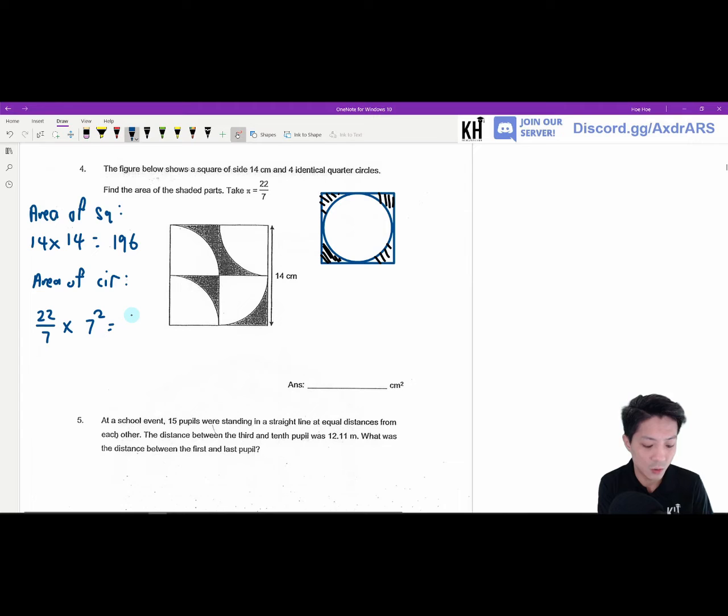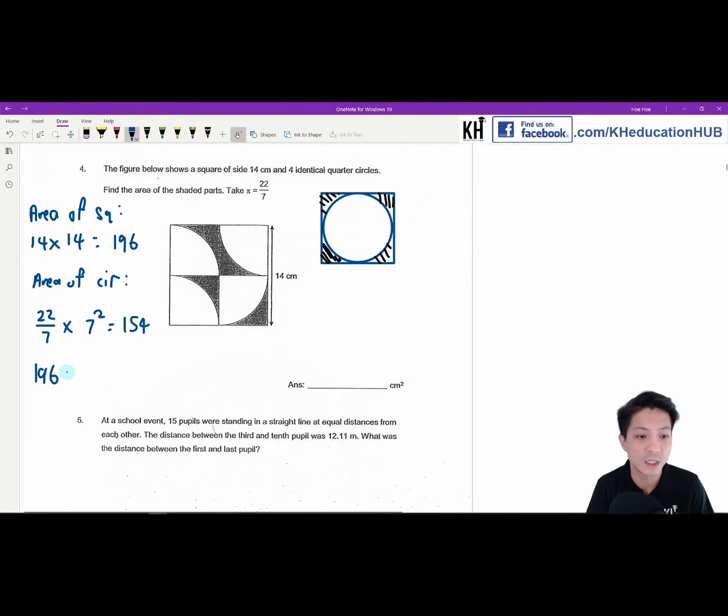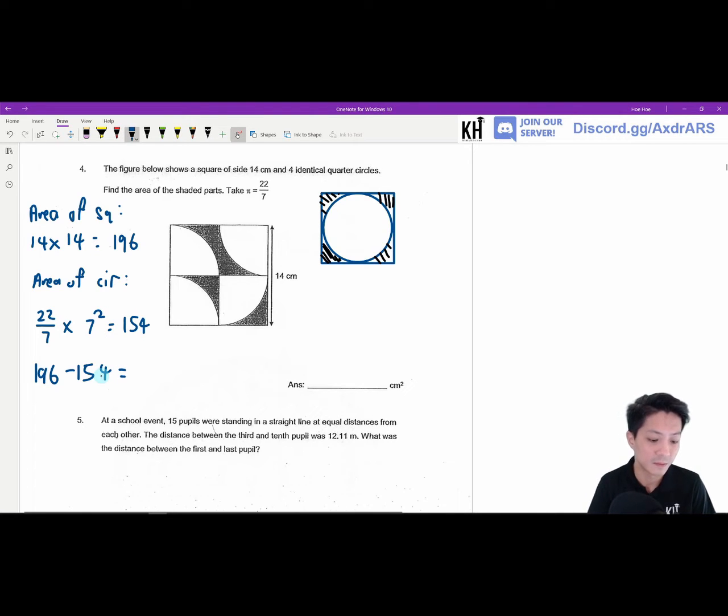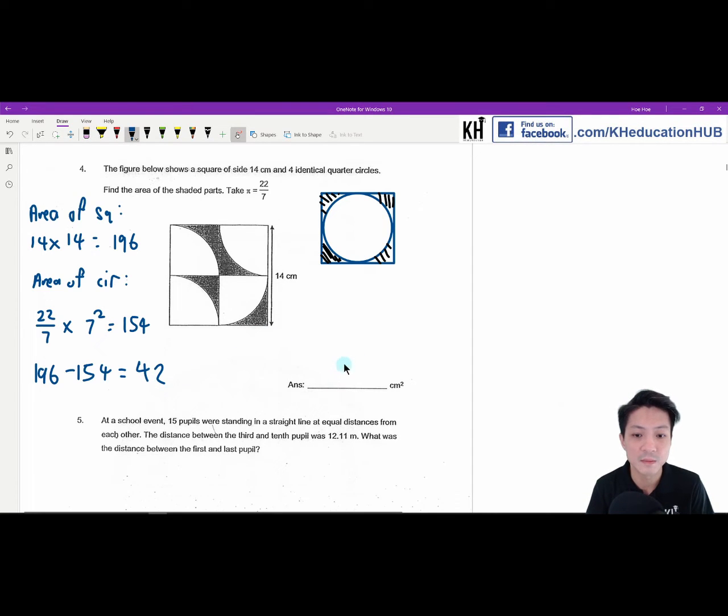So it will be 22 times 7, which will give me 154. To find the answer, I just need to use 196 minus 154, which is going to give me 42 square cm.